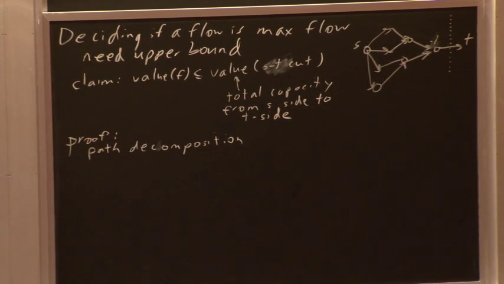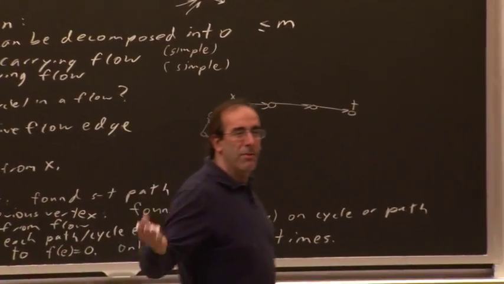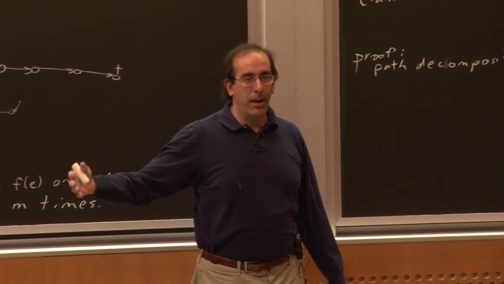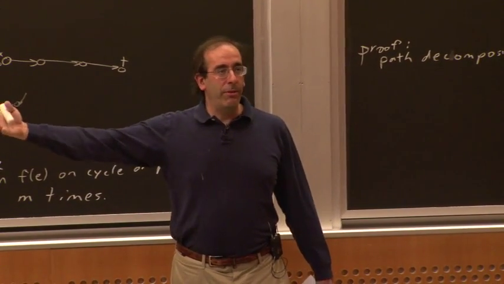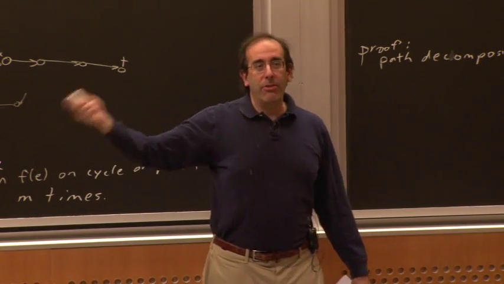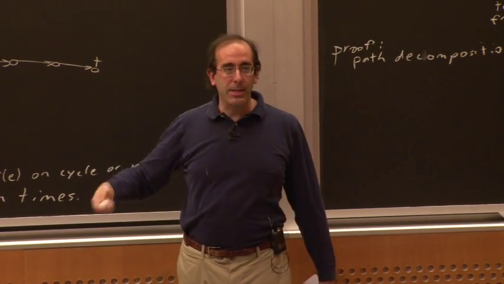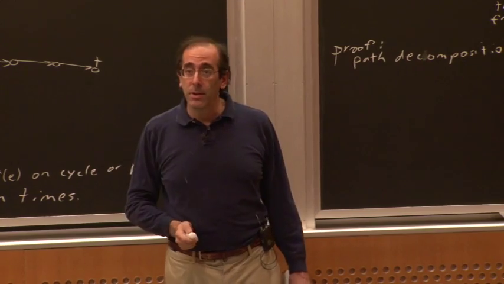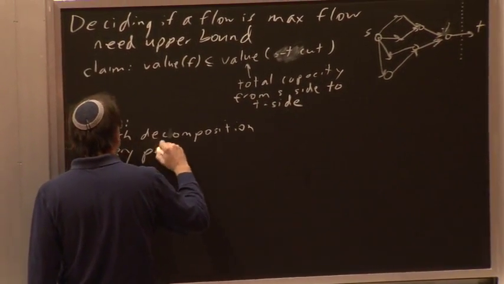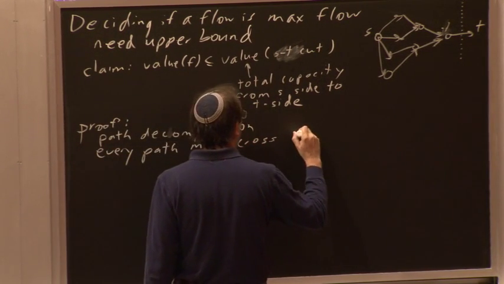And again, as we were saying before, cycles are sort of irrelevant here because cycles contribute nothing to the value of the flow. So let's ignore the cycles. They don't matter. The real issue is that whatever the flow is, we can decompose that flow into paths. And the value of the flow on those paths is equal to the value of the flow. The sum of the flow on the different paths in our decomposition is equal to the value of the flow. Right? So we take this path decomposition, and now we know that every path must cross the ST cut.